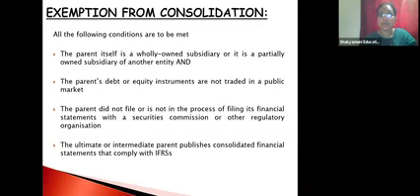Take another example, company A. Company A purchased 100% shares of company B, right? Here company B also has share capital.